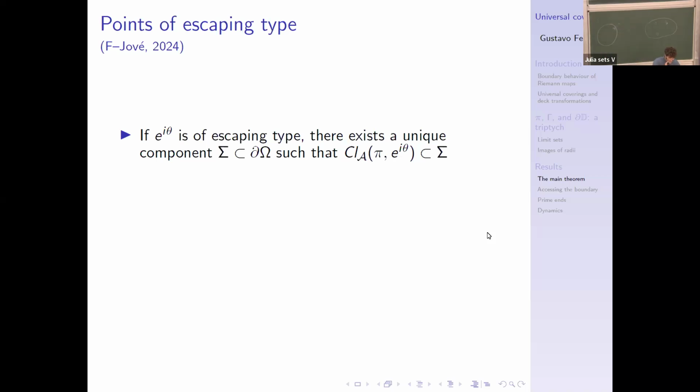So in some sense, the image of this point belongs to this boundary component. I'm not making this very precise because doing that would require us to talk about prime ends and impressions of prime ends. But in some sense, you can say that the universal covering is mapping this point onto something that belongs only to this boundary component. Okay.